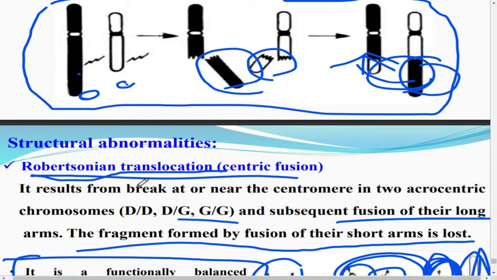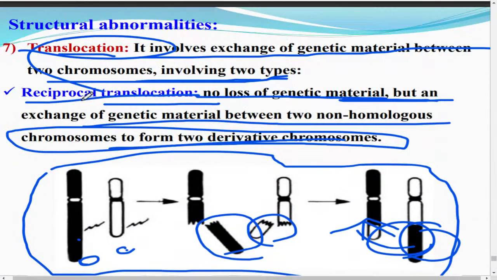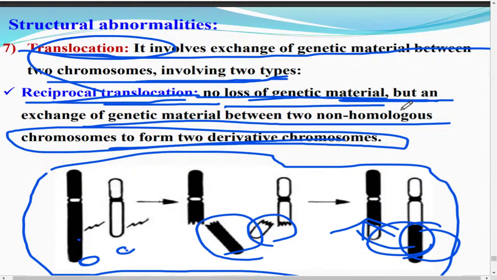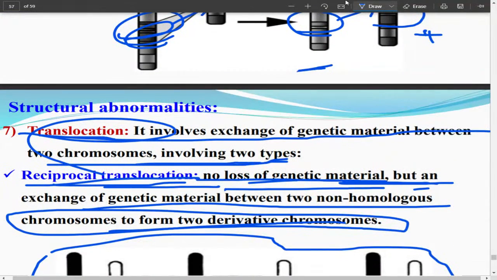The Robertsonian translocation is better than the normal or reciprocal translocation, which includes no loss of genetic material, but an exchange of material between two non-homologous chromosomes to form the derivative chromosomes.